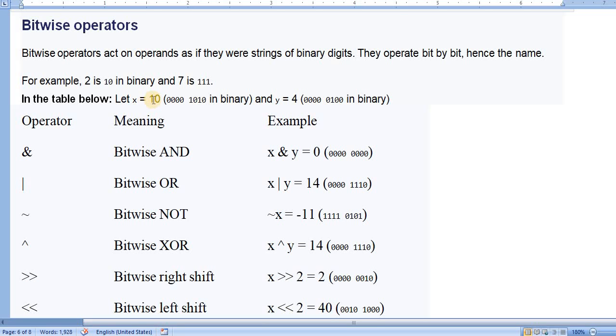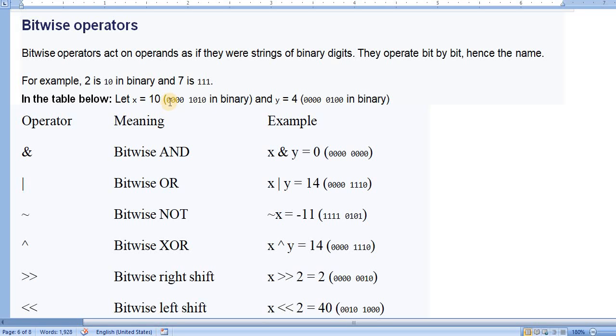So here let x equal 10 and y equal 4. We can represent the value in 8 bits. Okay, 8 bits is the minimum length of a cell: one memory cell is 1 byte long, so any data is represented in 1 byte, that is, 8 bits.